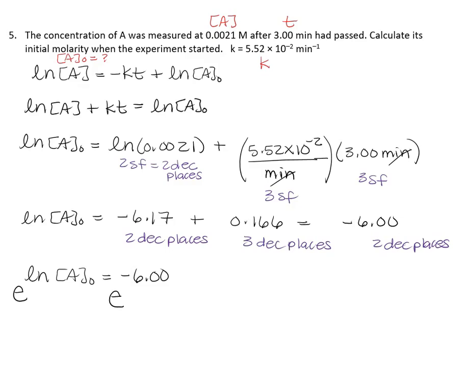The rules of sig figs go backwards for antilogs as compared to logs, so our 2 decimal places are going to end up as 2 sig figs. So when we do the math, when we take the antilog of negative 6, we end up with 2.5 times 10 to the negative 3, and the units will be molarity.